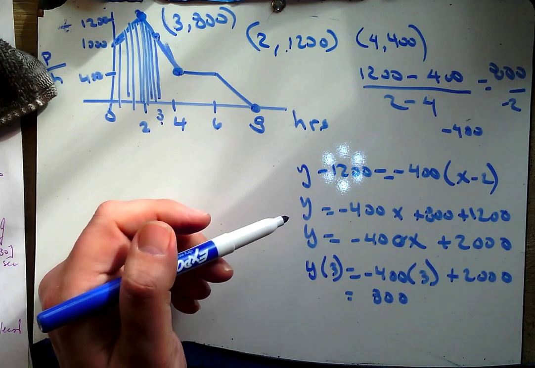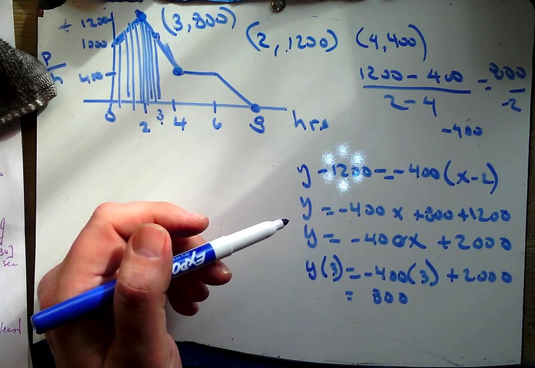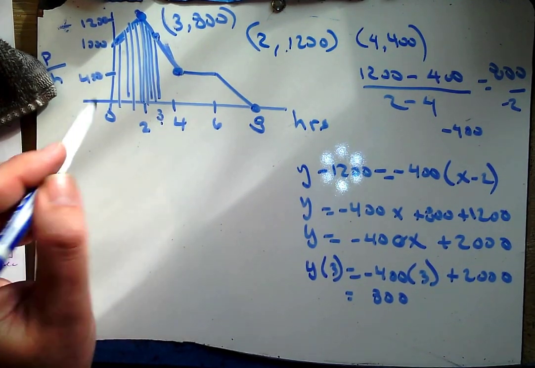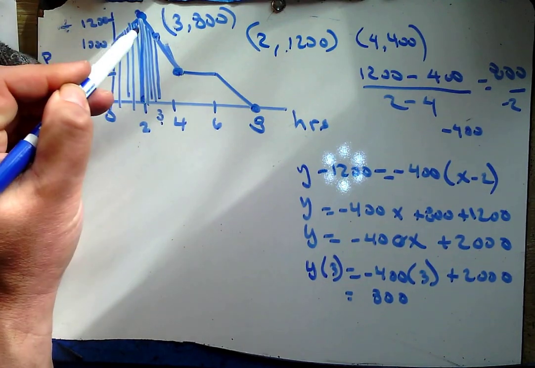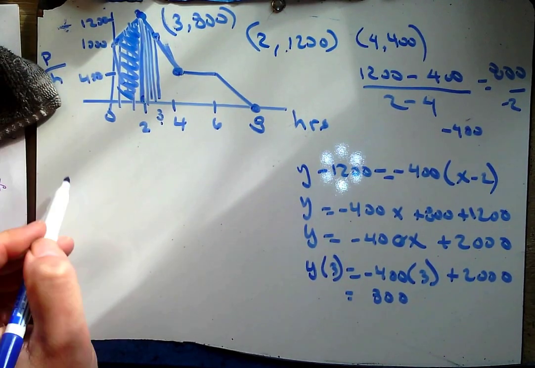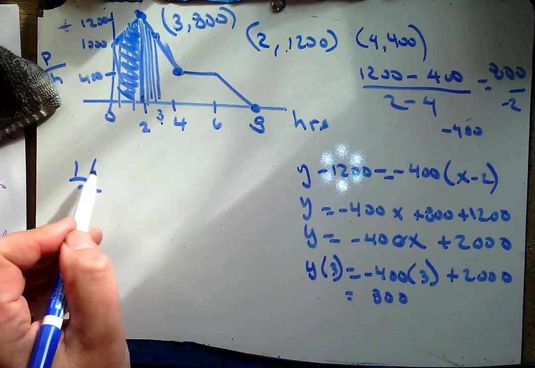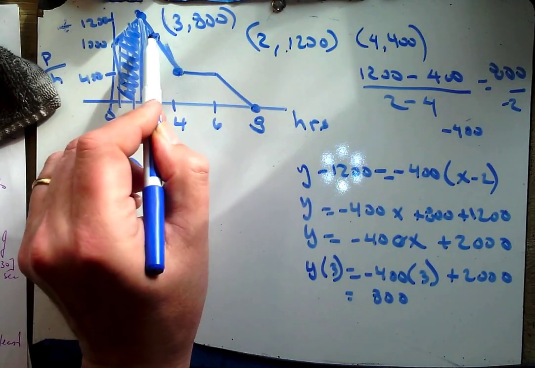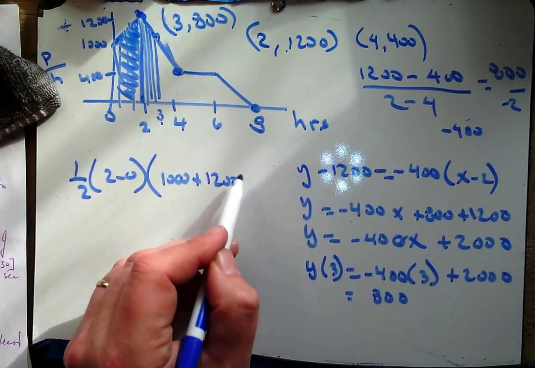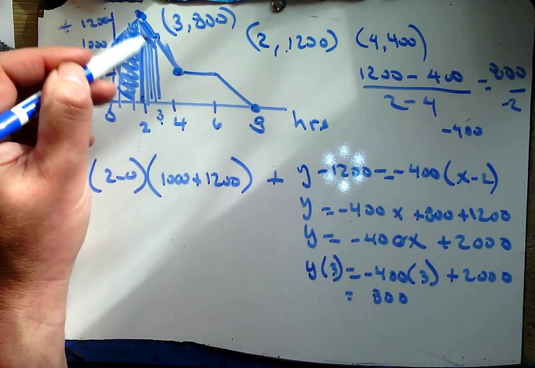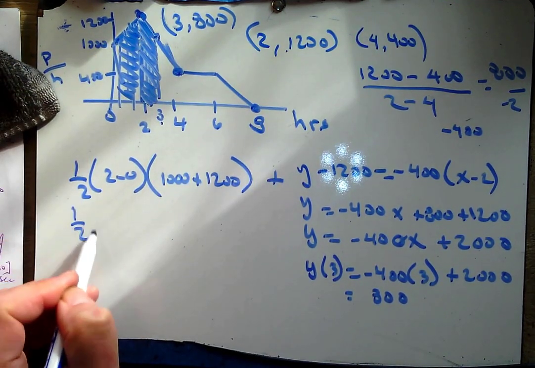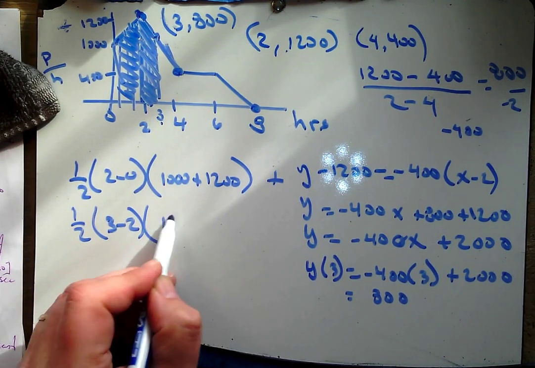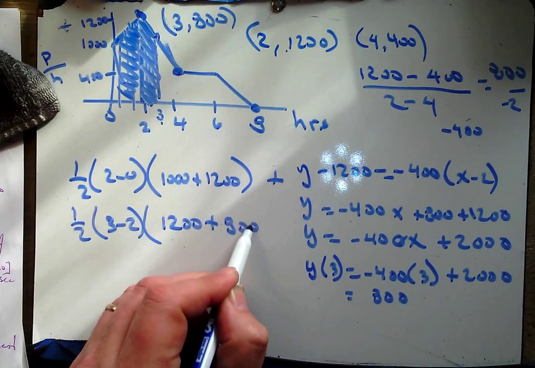Okay, so our question here was how many people arrive at the line, and show the computations that lead to your answer. Okay, so I'm going to say that this is a trapezoid. And so I get 1/2 times (2 minus 0) times (1000 plus the height here, 1200), plus this trapezoid over here, 1/2 times (3 minus 2) times (the heights are 1200 plus 800).